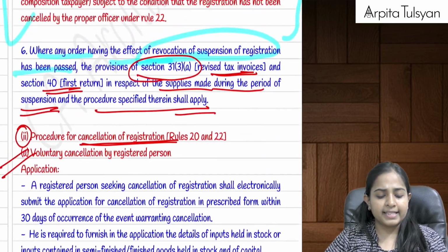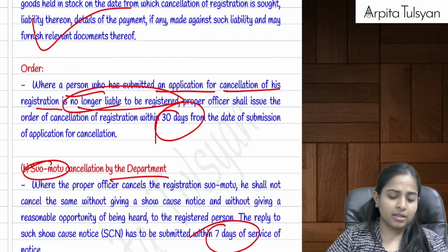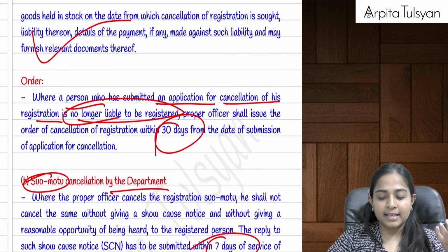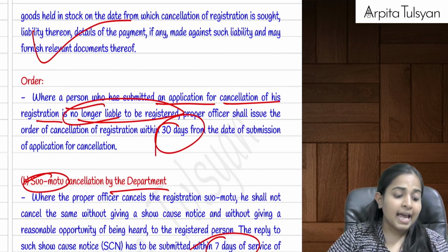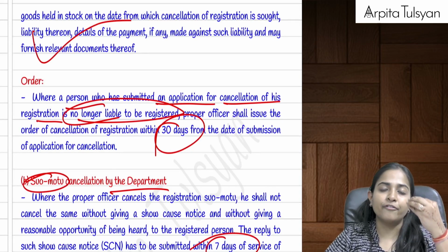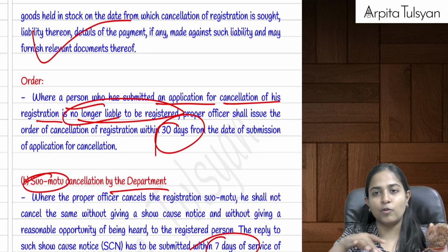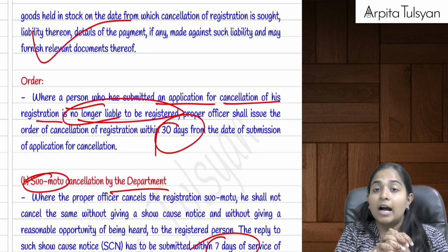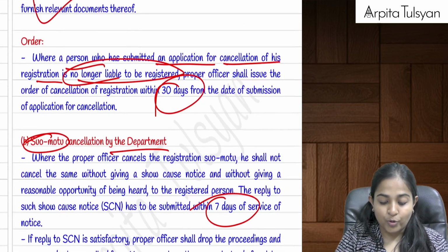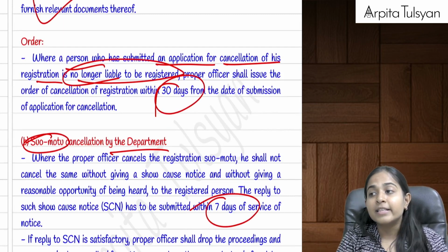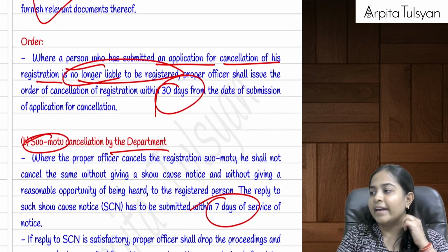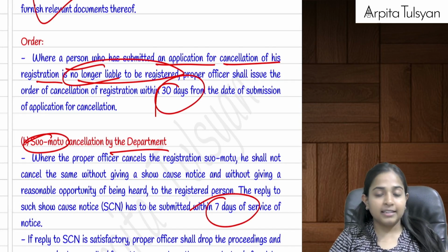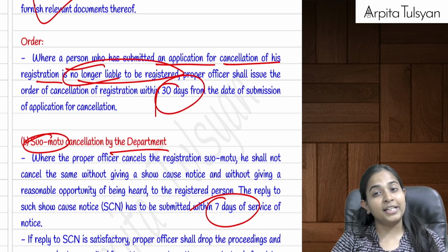Okay, now the next thing which is coming up here is the procedure about cancellation. Once either you apply for cancellation or once the department cancels, suppose you go and make an application, then you will have to submit the cancellation application on the GST portal. An important thing that you have to do is, whatever stock is there as on the date preceding the date of cancellation, the input tax credit on that stock needs to be reversed.